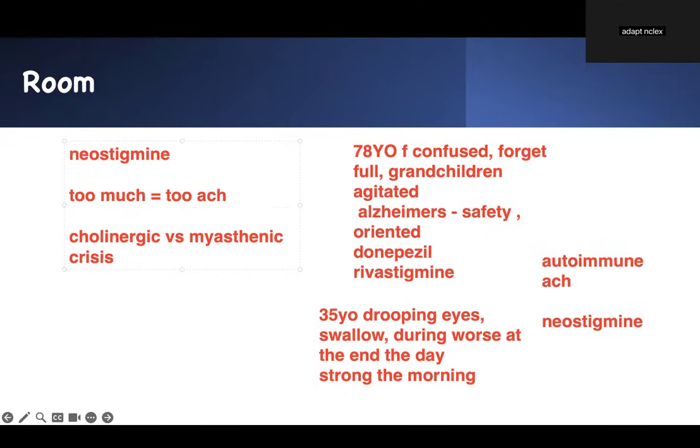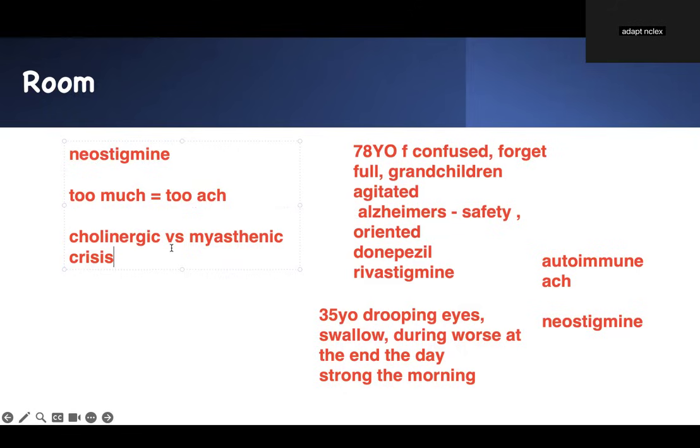What is the difference? Cholinergic crisis means I give you too much acetylcholine. Therefore, what is going to happen? With excessive acetylcholine, your urine output will increase. You're going to have diarrhea. You're going to get hot. You have salivation. You'll be drooling.